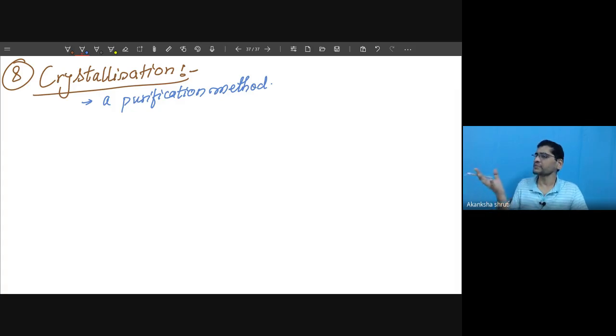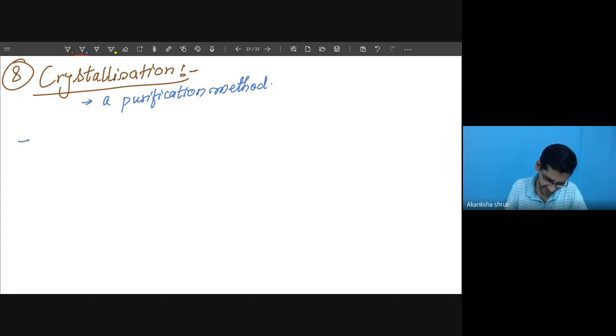Say we have a mixture in which one of the components has the tendency to get crystallized at a particular temperature on slight cooling, but the other component does not crystallize, it remains in the solution.